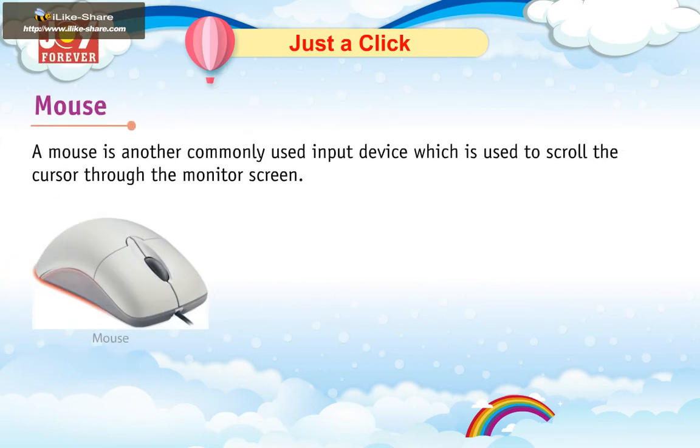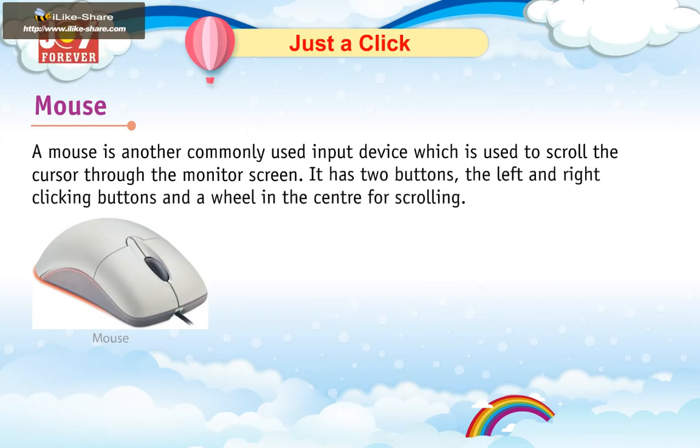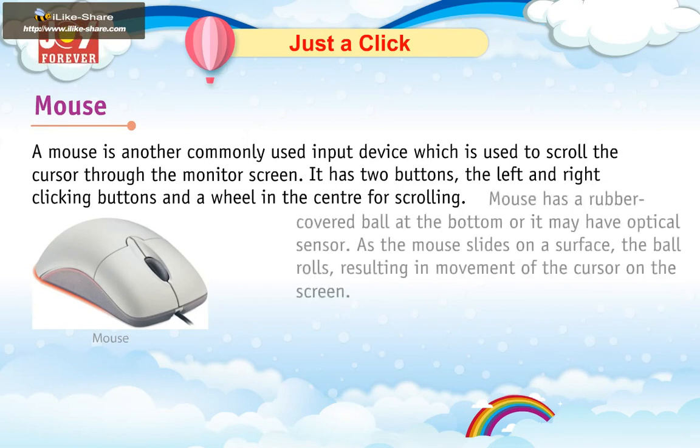Mouse. A mouse is another commonly used input device which is used to move the cursor through the monitor screen. It has two buttons, the left and right clicking buttons, and a wheel in the center for scrolling.